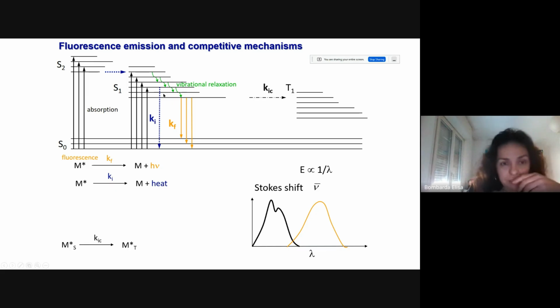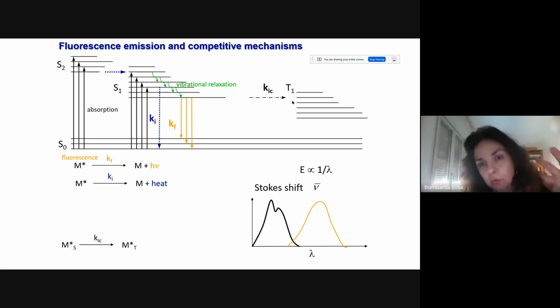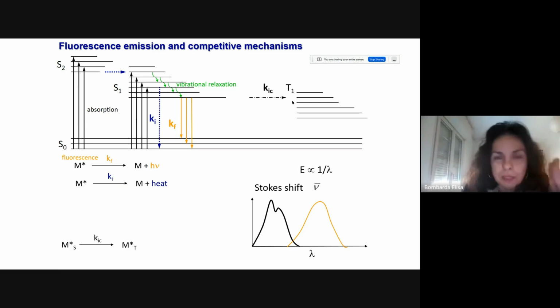Okay, so then I just list: now there is the internal conversion, as I said, then there is the intersystem crossing, which is actually a transition from the singlet to the first triplet state. That is a not allowed transition, so its probability is very low, but it happens.